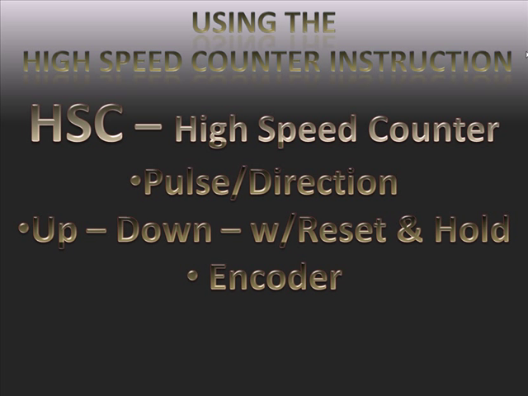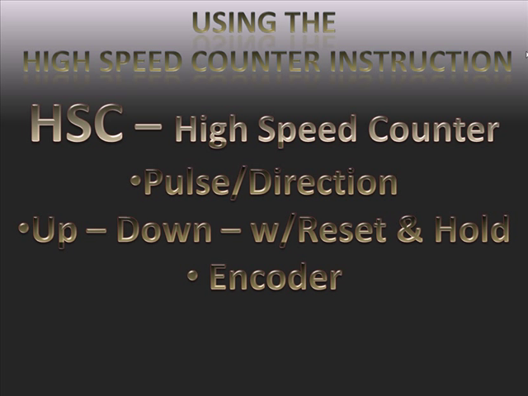Bear in mind that as you reduce the interval of the filter on an input, you become more susceptible to noise and contact bounce. Now, the high-speed counter instruction offers you a variety of modes of operation. There's the up counter operation, which uses a single-ended input. There's up with reset and hold.